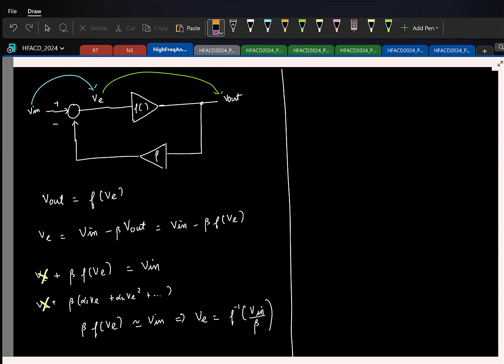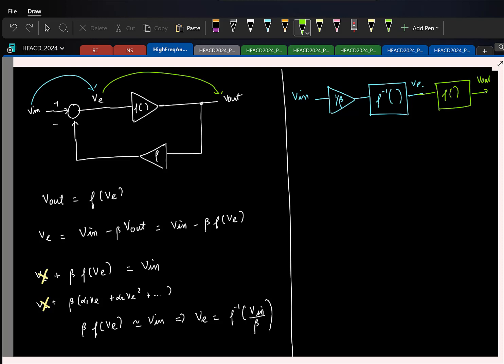To be very correct, my V in is first getting scaled by beta, V in by beta, and V in by beta is getting passed through f inverse, and this is my error signal VE, and from VE I am getting V out. And how am I getting V out from VE? Here the relation is f.